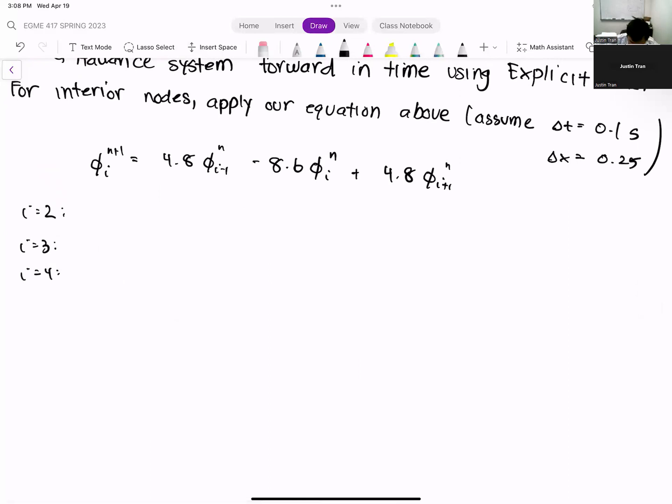So we have 4.8 phi1 n minus 8.6 phi2 n plus 4.8 phi3 n, and so on and so forth for the other nodes as well.